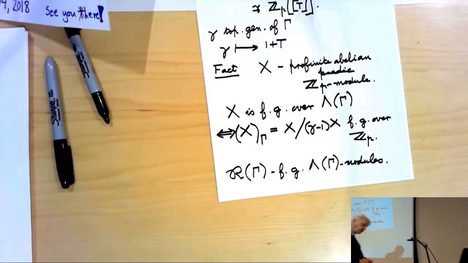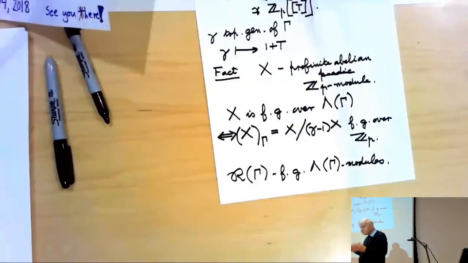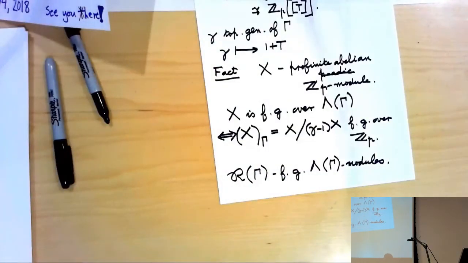Now, it turns out that even though lambda gamma, or equivalently ZP double brackets T, is not a principal ideal domain, it is of dimension 2, the maximal ideal is not a principal ideal, there is a very beautiful structure theory of finitely generated modules over those rings, which is, in fact, you could take gamma isomorphic to ZP to the n, and it's beautifully explained, this structure theory, in chapter 7 of Bourbaki's commutative algebra. So that's where you can find all the proofs.